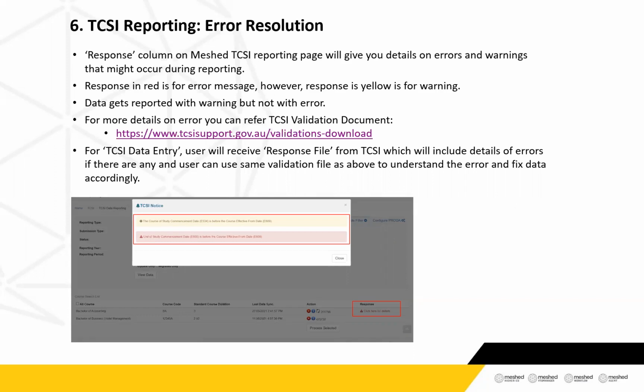In that response file, they'll provide you a response for each and every record. So those responses are nothing but error messages like this. So you can simply use that error message to find what that error is about in this validation document, and then update data in the Mesh platform again and extract the report. And then you can try to upload it again.